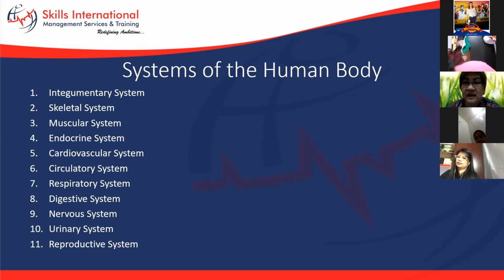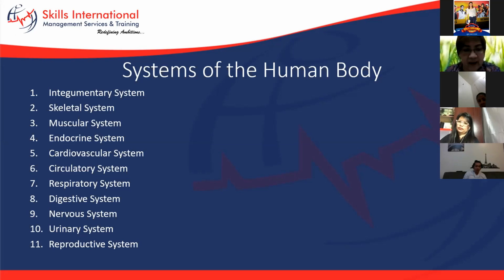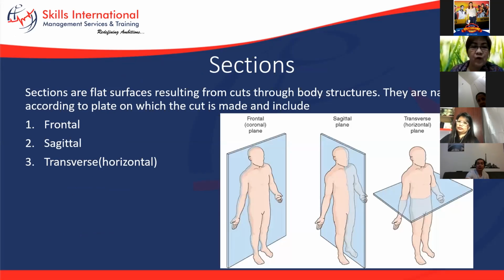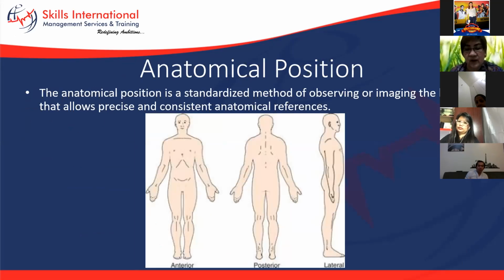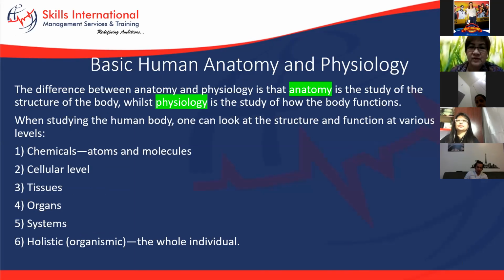Nervous system is for the nerves of the spine and the cranial. Urinary system is for the excretion of the urine. And the reproductive system for both male and female. Going forward, we have the sections, the supine position, and the anatomical position.